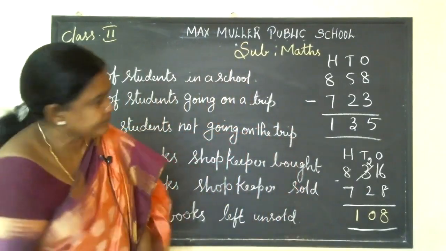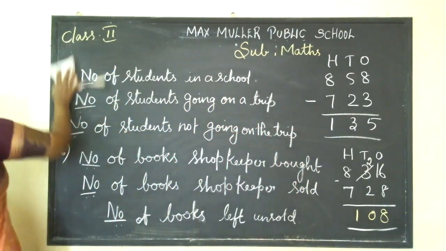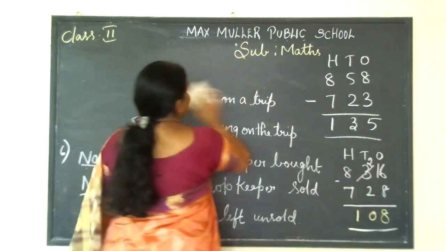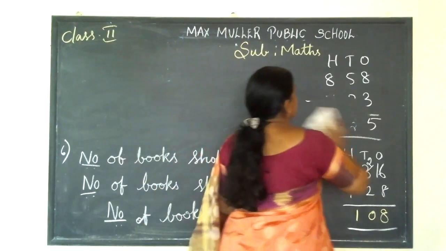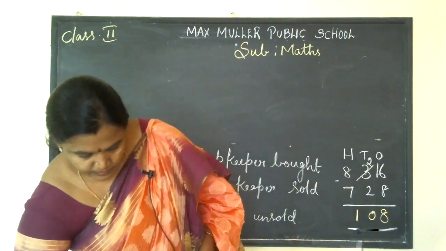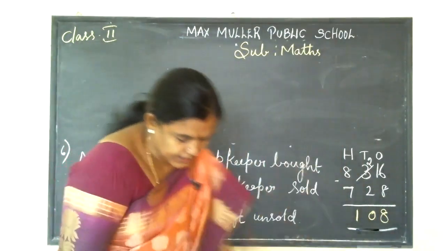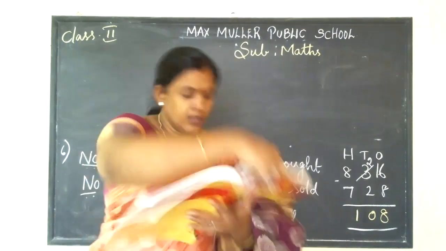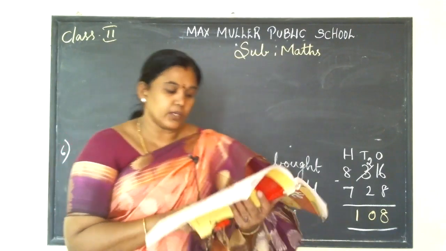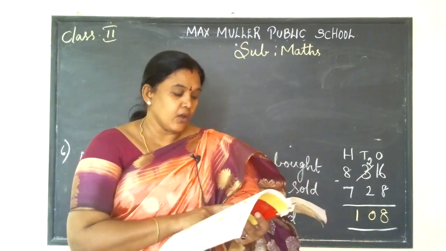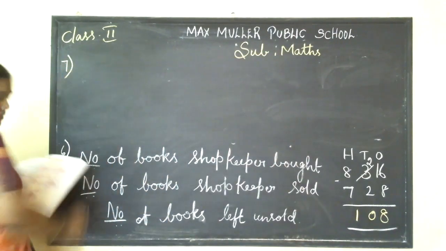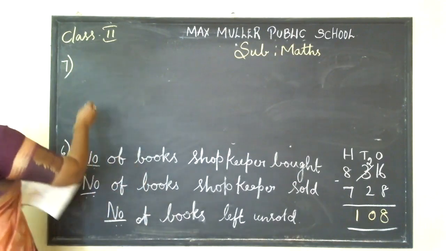Now, seventh one. Gautam's father got 393 toffees. Gautam distributed 297 toffees on his birthday. How many toffees were left?